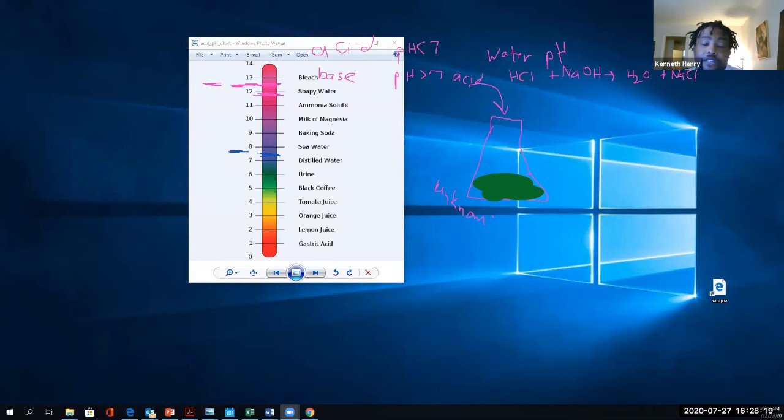But yes, it is very similar. Indicators can be specific to a particular compound or chemical, or they can just be pH indicators, which are just there to determine your pH. That makes sense. That's a good point.